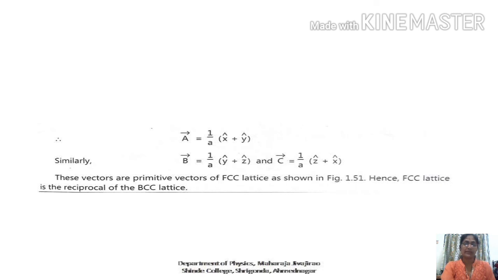B comes out as 1 upon a y cap plus z cap, and C comes out as 1 upon a z cap plus x cap. If we look at these vectors, these are the primitive vectors of FCC lattice, and hence one can say that FCC lattice is the reciprocal of BCC lattice.